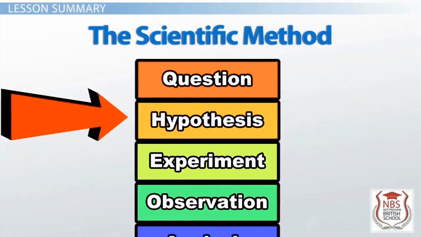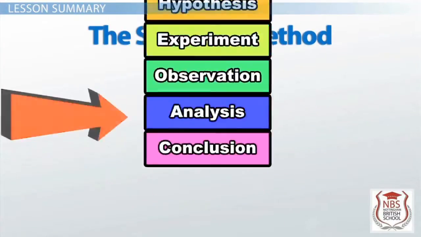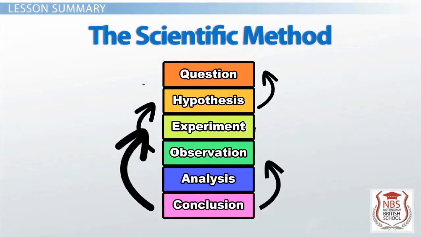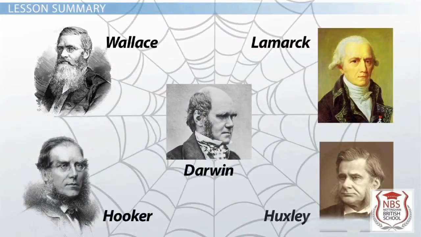Questions, hypothesis, experiments, observations, analysis, and conclusions. These elements are interrelated steps, so they don't always function in the same order. Other more subjective skills like creativity, experience, and intuition also have a place in the scientific method. Science is characterized by professional competition and develops through the collaboration of scientists in the worldwide community. Okay, and that's the lesson for today.